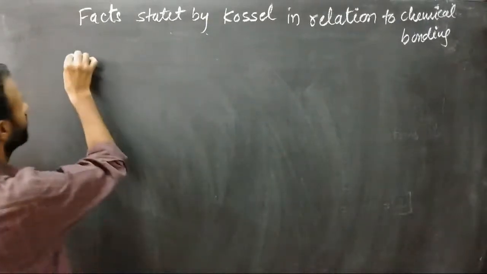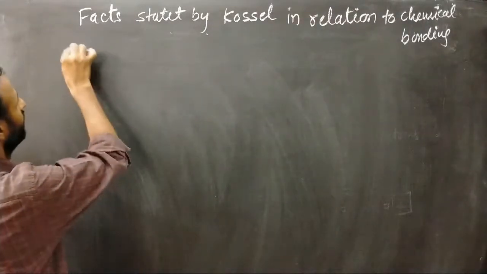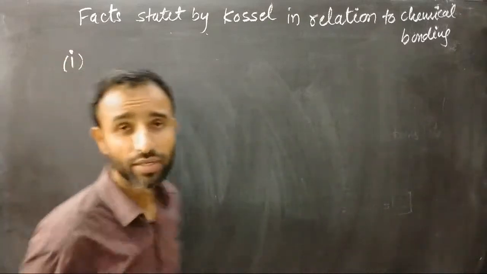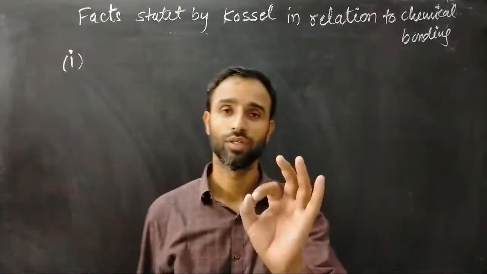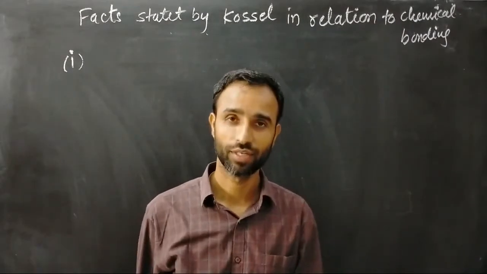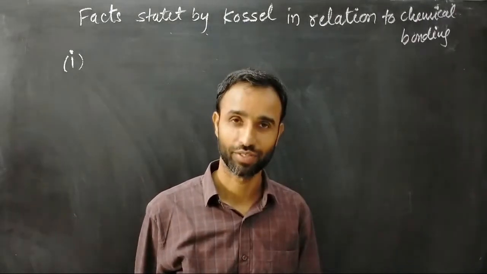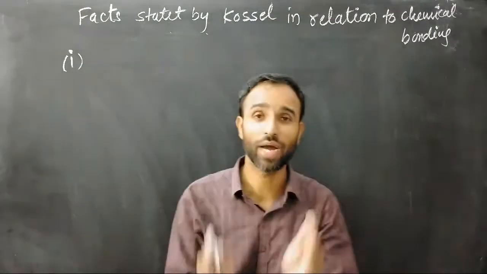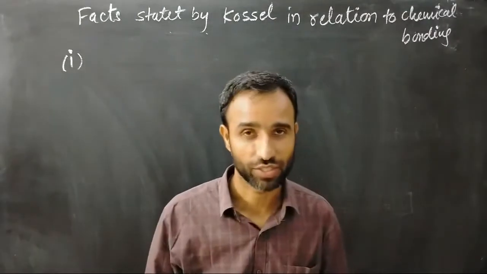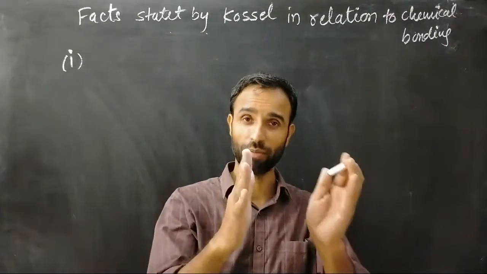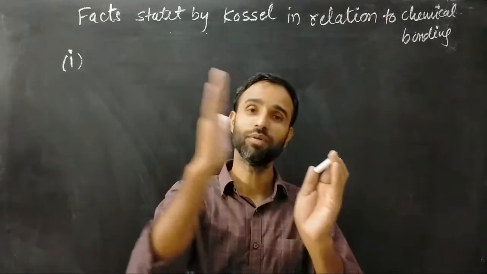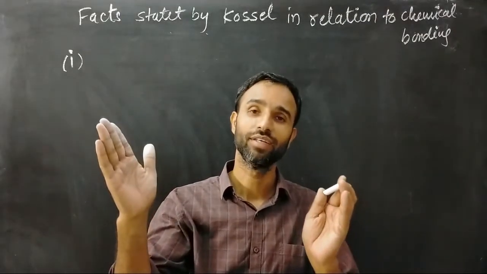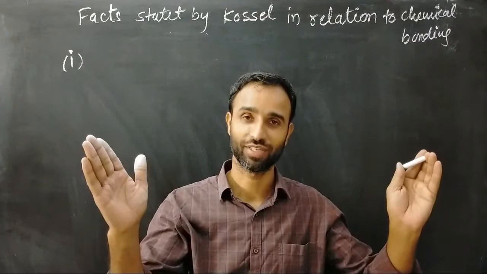First, it is stated that halogens and alkali metals are separated by noble gases, because they are at the extreme right and extreme left.